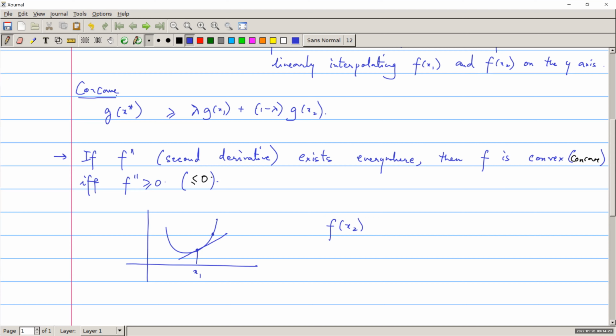This means that for any point x2, I've just written x2 to the right of x1, but it works regardless of which direction, f of x2 must be greater than the value at this point. Now this point in red is simply f of x1 plus I just go along the tangent, so x2 minus x1 times the first derivative at x1.